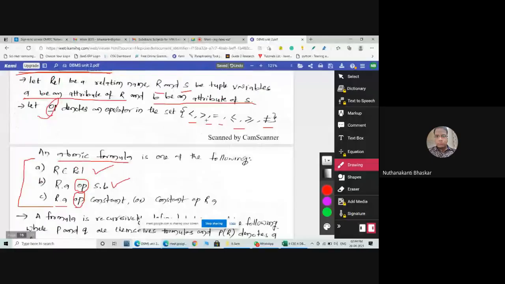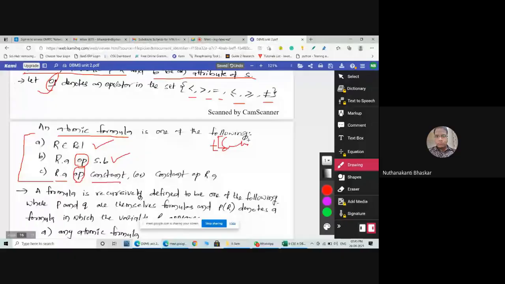The third atomic formula is R.A op constant. You can use any comparison operator with a constant. Just now I told you, your tuple of salary greater than 50,000 comes under this, where I want a constant.